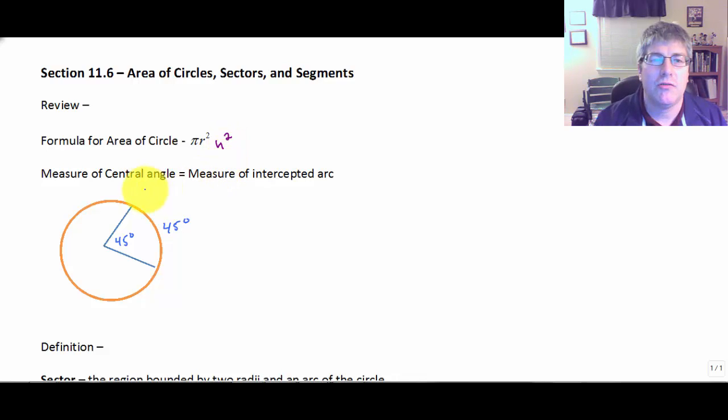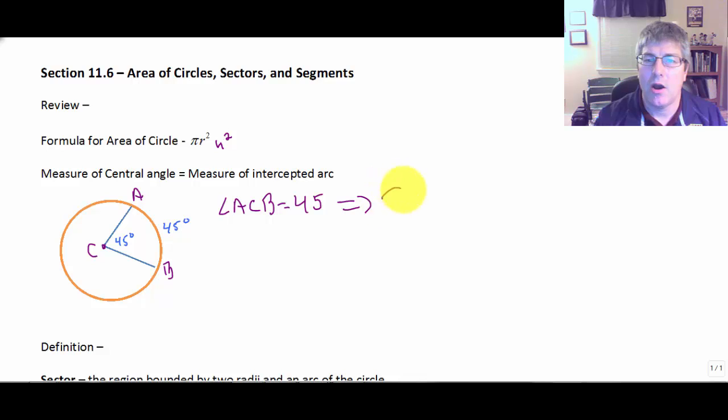Also, prior knowledge: we know that the measure of the central angle of a circle equals the measure of its intercepted arc. So if we have circle C here, and we know that angle ACB equals 45, then we also know that arc AB measures 45 degrees.